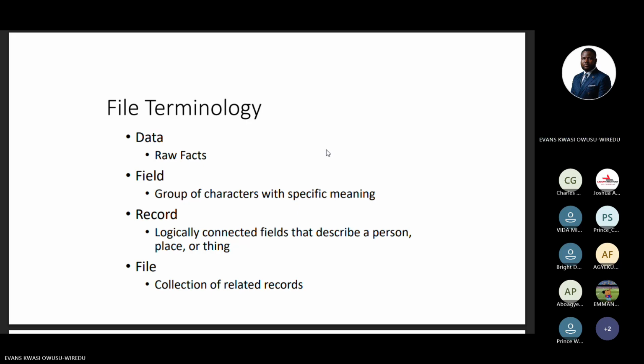Records. So the record involves two or more fields. Connected fields that describe a person. So the age is describing the name of the person. So Ajua, her age is 89 years. You get it? Together, the 89 years and Ajua are related, and so both are called what? A record. You get it?